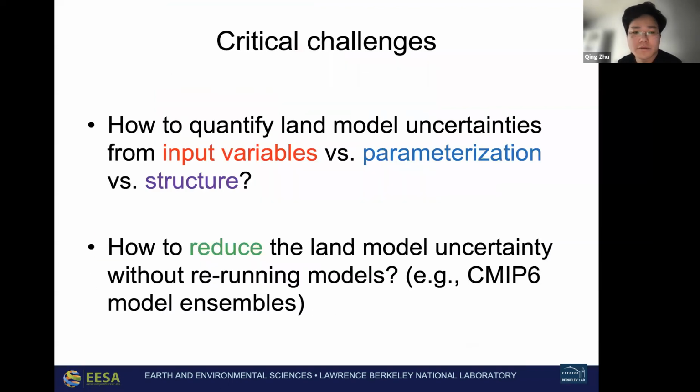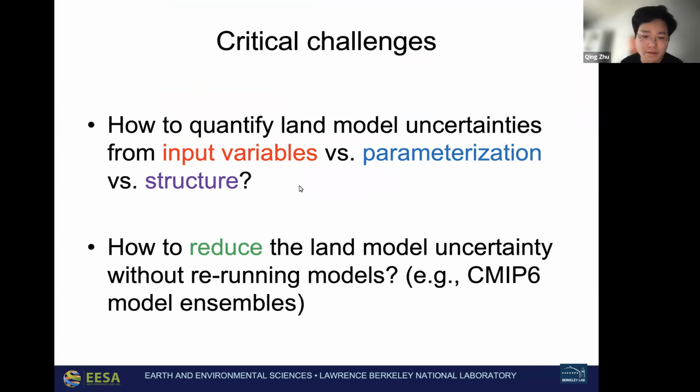The challenge here really is how to quantify the land model uncertainty. Particularly, you want to isolate those three major components of uncertainty: input variables, parameterization, and structure. And particularly for structure, it's very difficult because structure emerges at different levels: at the equation level, process level, system level, subsystem level.